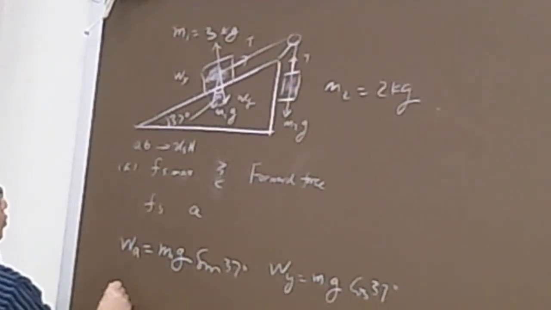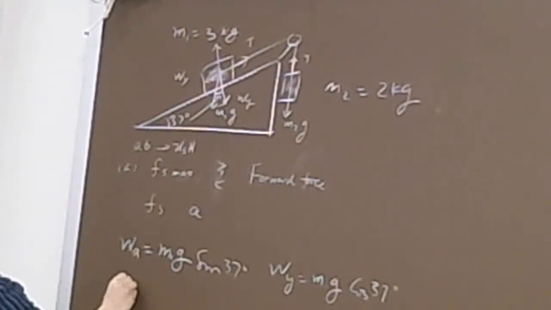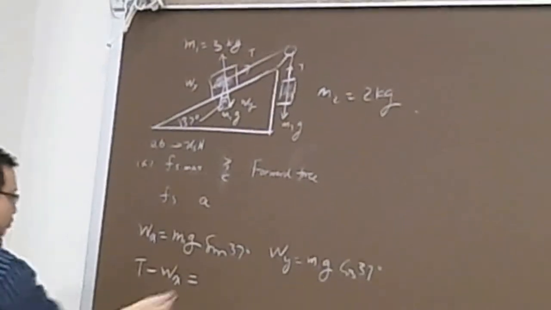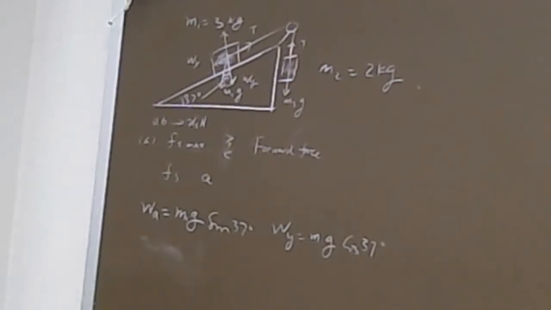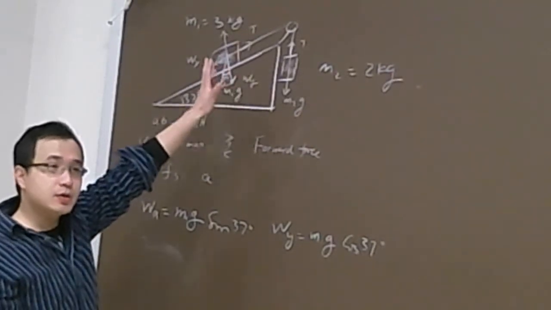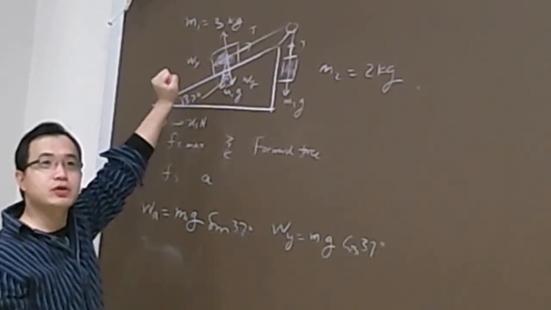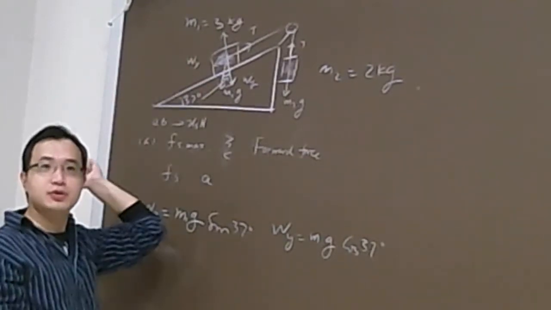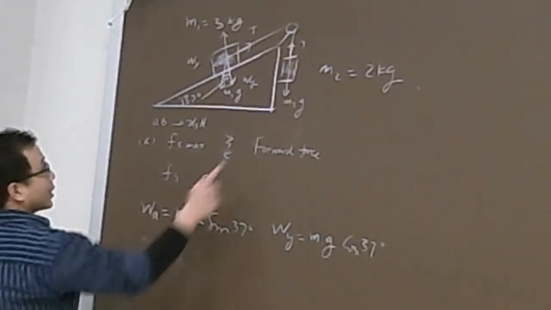We get T minus Wx equals to, it's not like that. We still have friction force. Initially, we first ignore the frictional force. You first have this force, and once it's trying to move, it will introduce the frictional force.